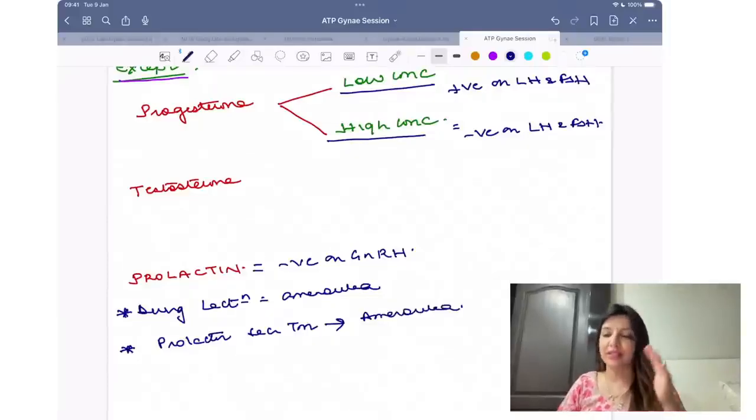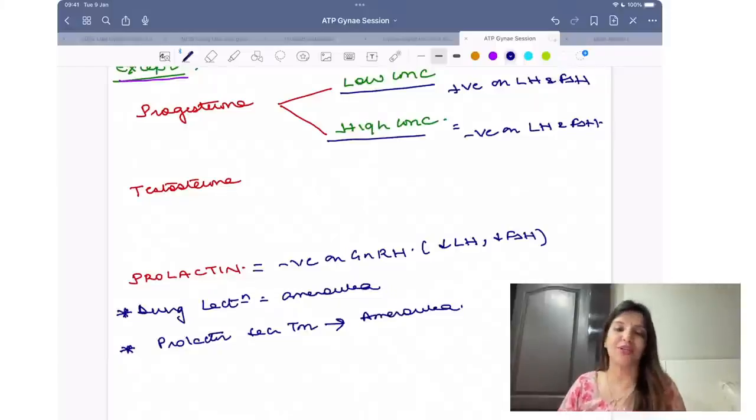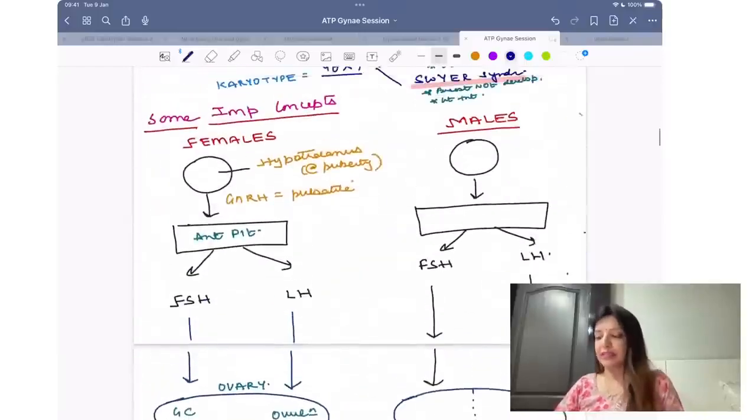Because it is going to decrease GnRH. GnRH decrease होगा तो automatically LH decrease होगा, automatically FSH decrease होगा, तो neither there is going to be estrogen nor progesterone. So obviously female will not ovulate. Clear to all of you? Yes?